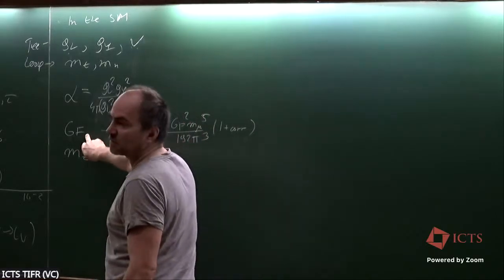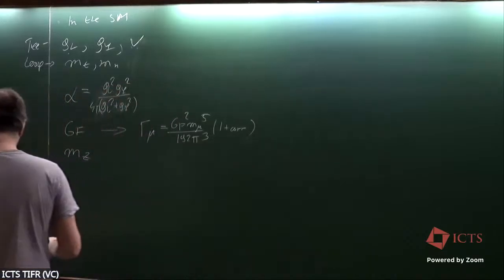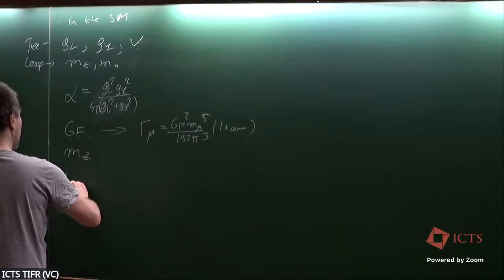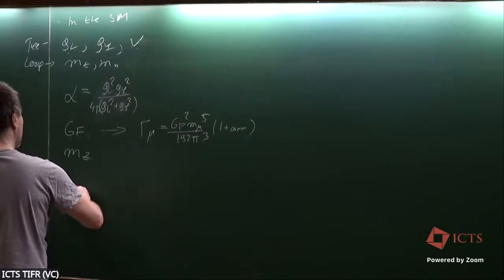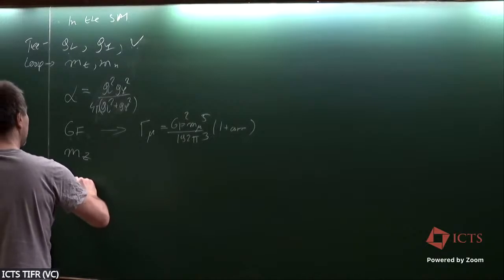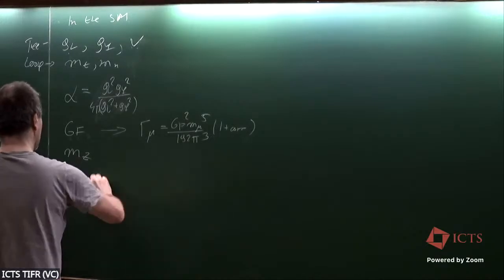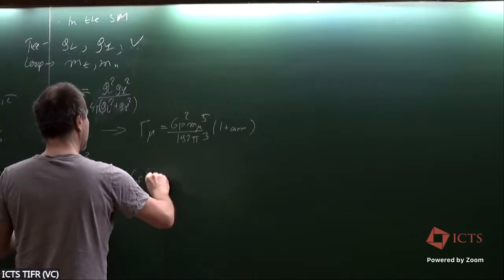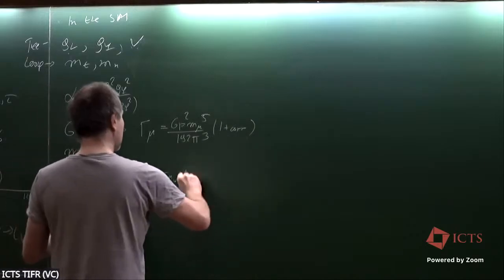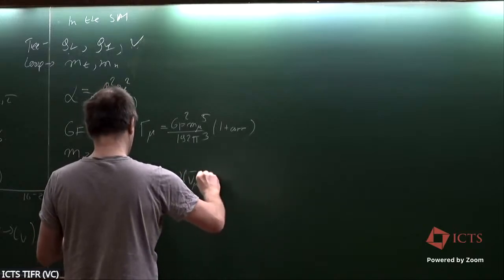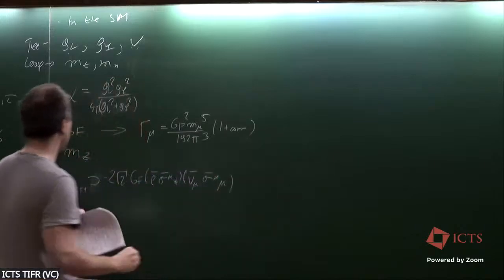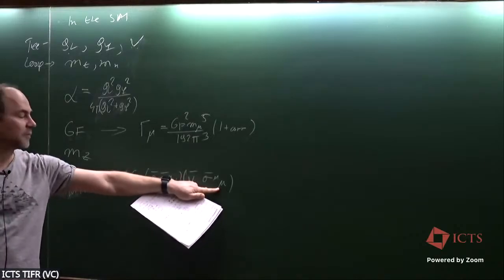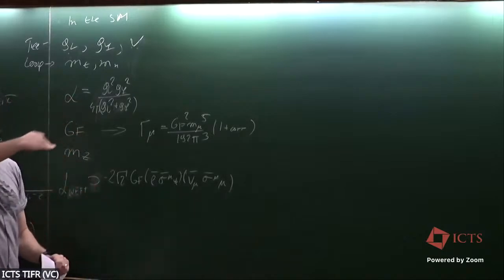GF can be defined as the coefficient of an effective operator, minus 2 square root of 2 GF times the four-fermion operator that gives you the muon decay in the effective theory below the Z and W mass scale.